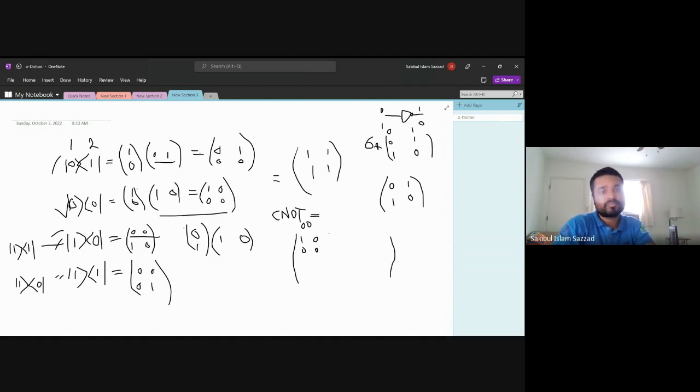Then if the input is 01 actually, what will it look like? We'll see that the output, okay, I think it should be something like this actually. I just made a simple mistake writing down the matrix.